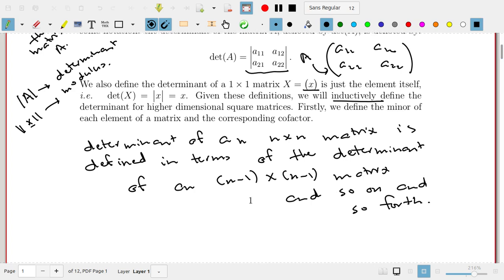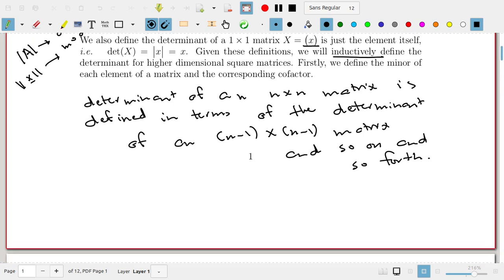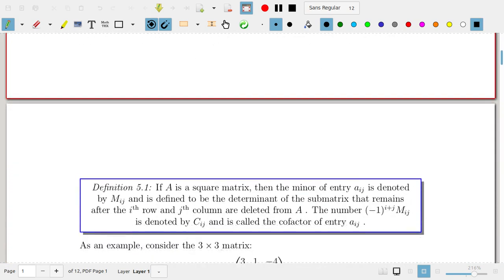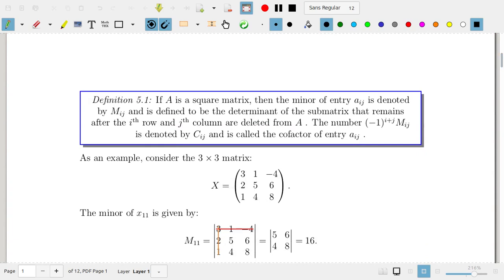Okay, so now we're going to define a few things. Whenever you see a blue border from now on, this means definition.